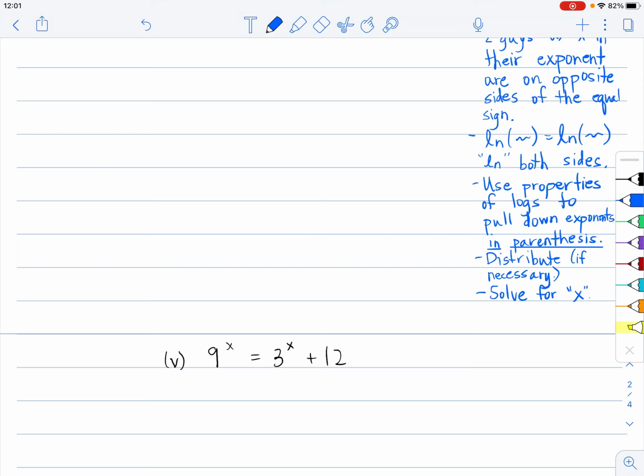X is on one side, everyone else on the other. Factor him out. X is on one side, everyone else on the other. Factor out x.